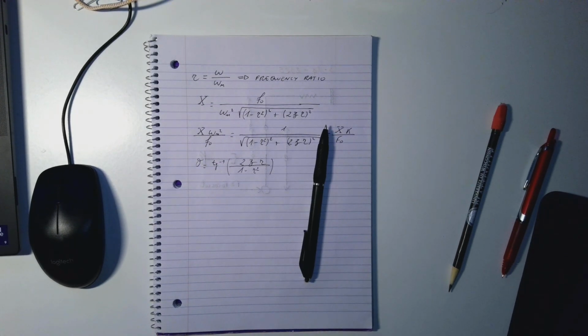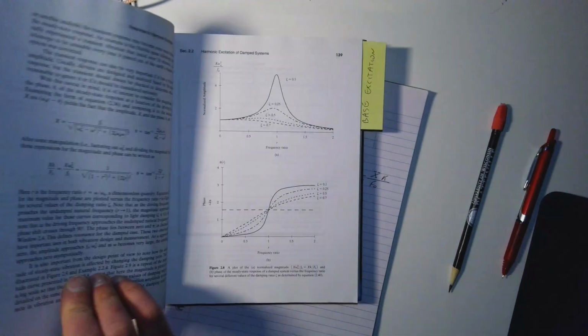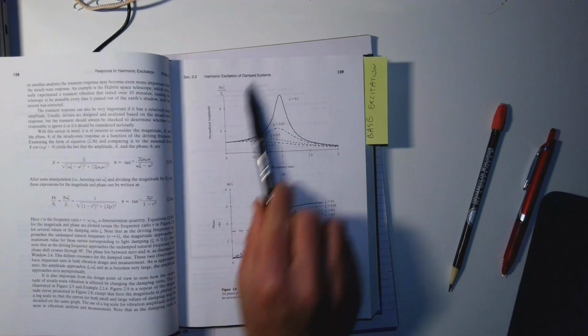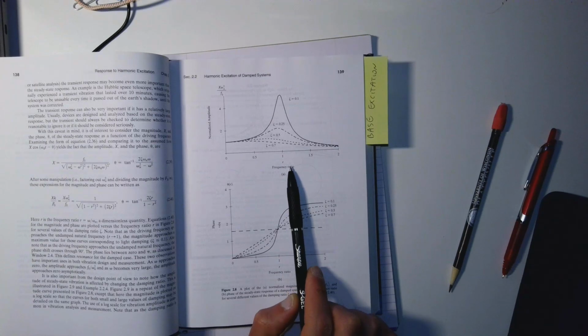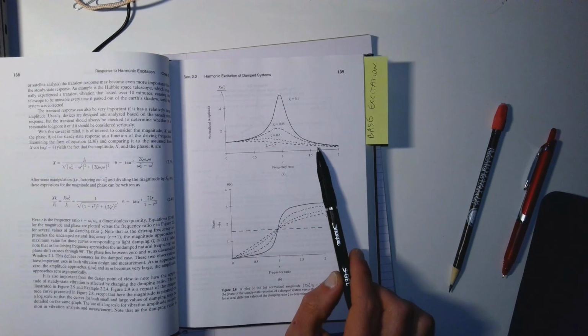We can plot these two functions, and this is what we obtain, which means that we can use this frequency ratio to have a better understanding of how the system behaves.